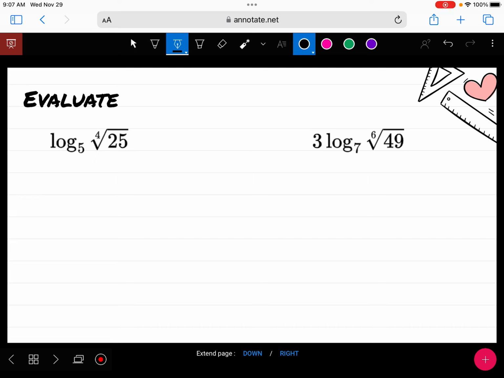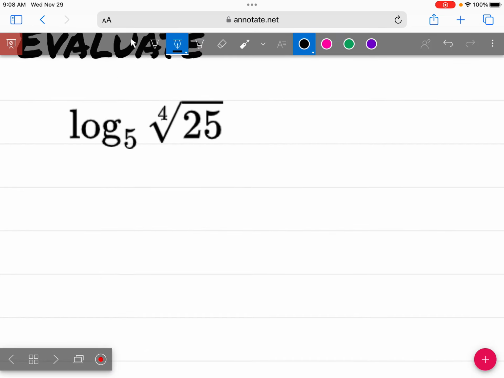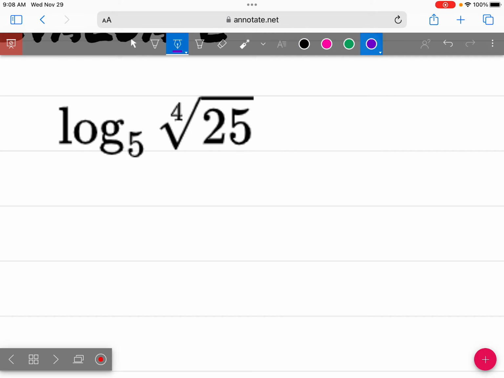So what we have here, we need to switch this out of a square root and make it an exponential so we can evaluate this. I want to figure out what this log equals without typing it in a calculator. So how could we write our argument not in a root?